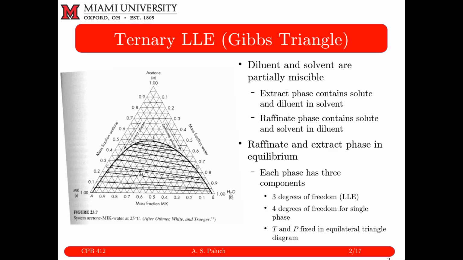And then, the diagram looks just a little different than normal graph paper, right? And why it looks a little different is when I think about my binary system, in terms of mole fractions, I know my mole fractions have to sum to 1. So if I just have a binary system, x2 is just 1 minus x1. Right? So I can just plot things with respect to, say, x1 and y1, because if I wanted x2, it's just 1 minus that. When it comes to a ternary system, things change a little bit. Right?